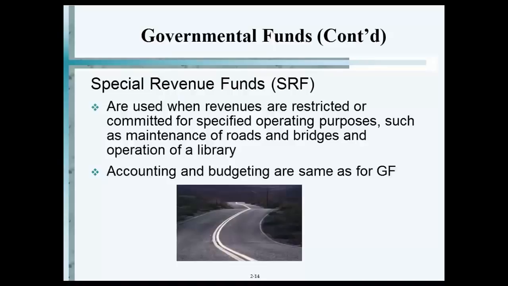Hurricane Sandy, federal government sends money to the state to do work. The federal government says, we'll give you the money, but don't mix it up with other stuff. We want it to be kept separate, and we want you to account for it separately. Special revenue fund. Put it in there. You know where the revenue came from. You spend it for that purpose. Government auditors come, look at that fund, and say, everything looks good.